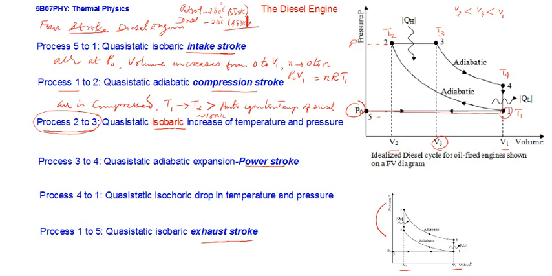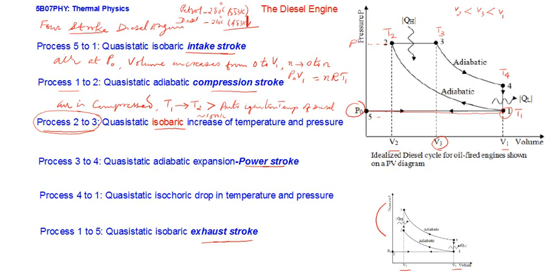But in the case of a diesel engine, the process 2 to 3 occurs at constant pressure instead of constant volume.